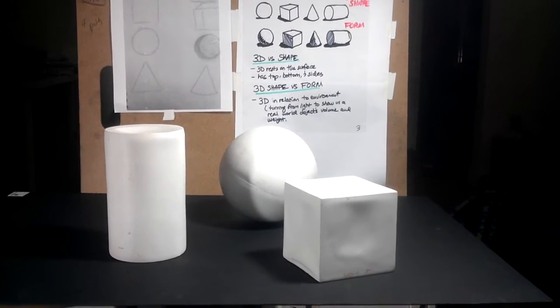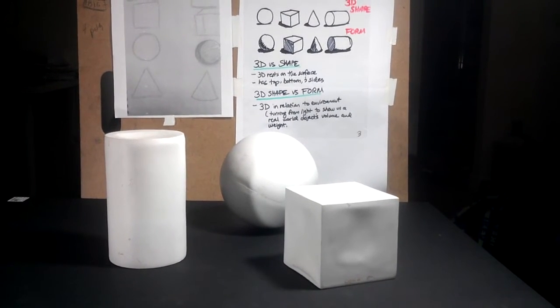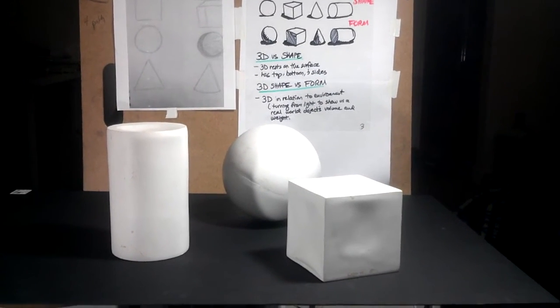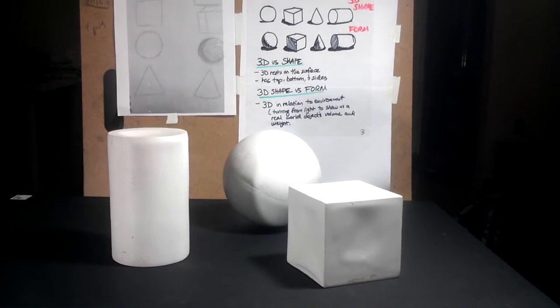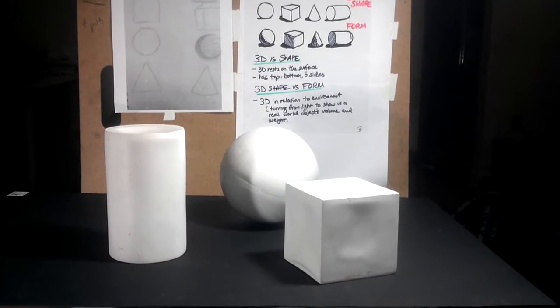Even if your cone is actually a cylinder that has had the top all drawn together to the center point, the cone's not a basic shape. It's made out of a cylinder.